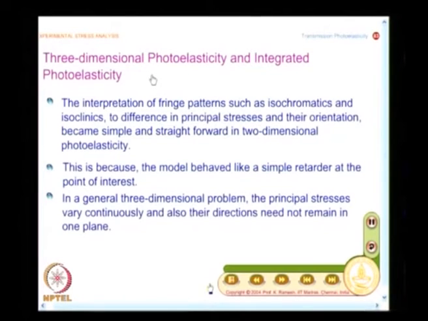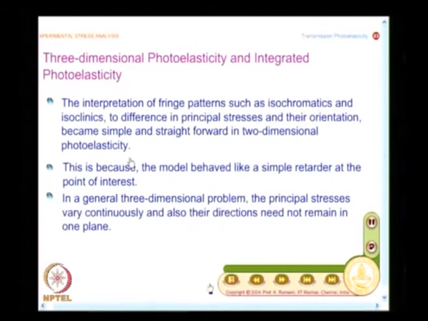So, we have three dimensional photoelasticity, and it is important to look at the interpretation of fringe patterns such as isochromatics and isoclinics to difference in principal stresses, and their orientation became simple and straightforward in two dimensional photoelasticity.